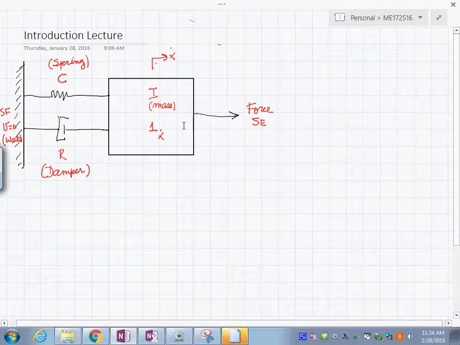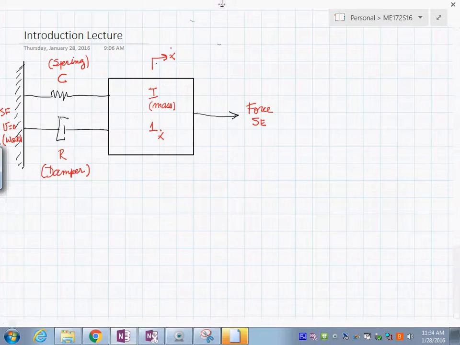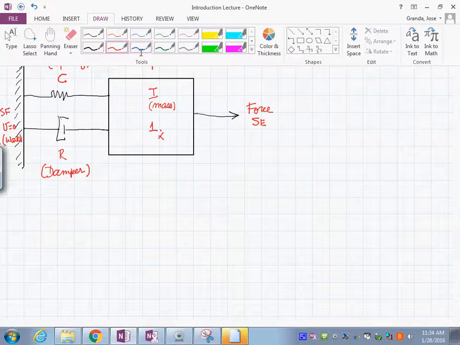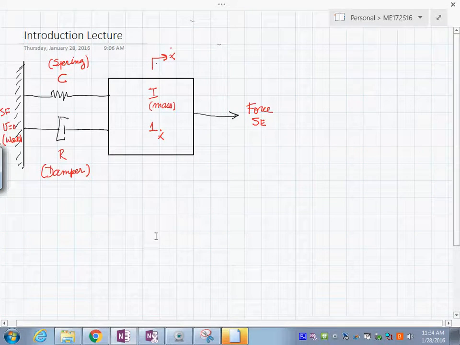So what I'm going to do is show you how to represent the system with this method, where we are going to put just a symbol here. This is going to be the symbol for the velocity. We will put the symbol for the force in here. So this is SE with value F.